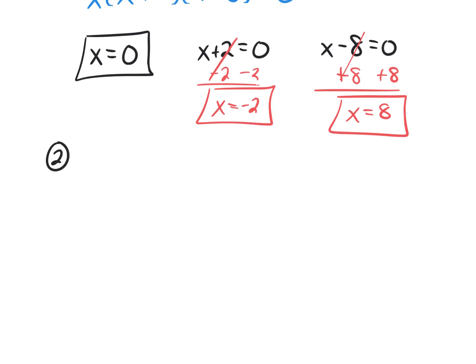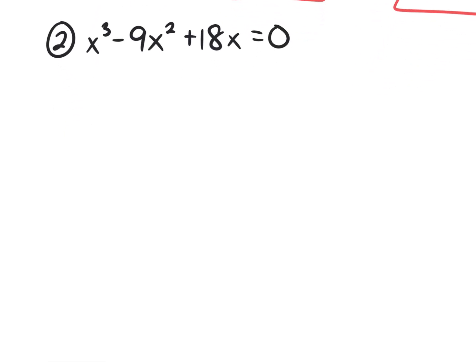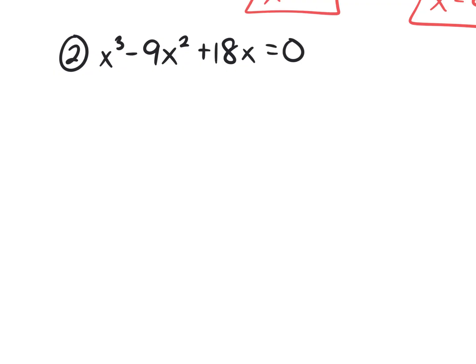Okay, let's do x to the third minus 9x squared plus 18x equals 0. Go ahead and try that one on your own. All right, what should we do first on this one? See if we can take anything out. What can we take out?